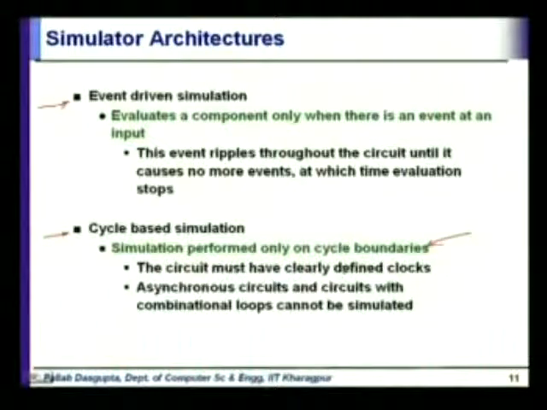So asynchronous circuits and circuits with combinational loops cannot be simulated in pure cycle based simulation. We are going to come back to this and realize why it can't be simulated and what is the problem there, and then we will see there are simple tricks to get around that and still be able to do cycle based simulation. Okay.